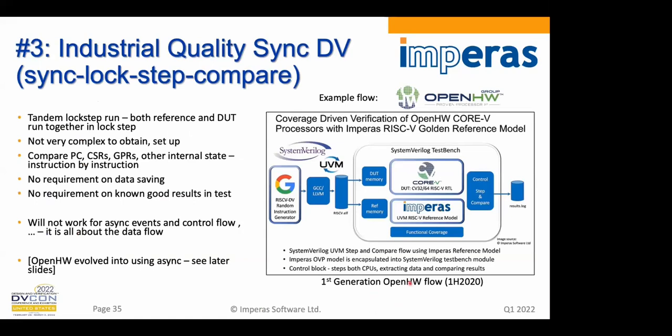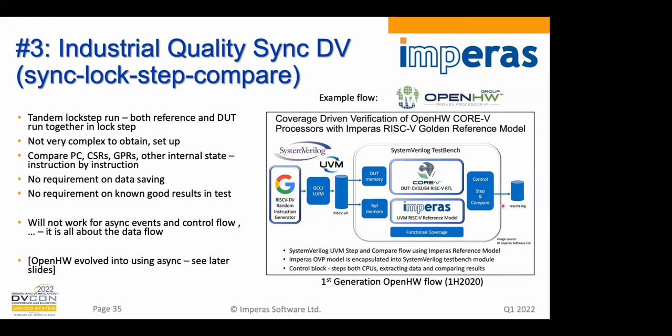We've been working in the open hardware group on this for a couple of years here. And open hardware has a focus of building open source cores with high quality verification environments in them. And built this environment, it uses an Imperas reference model encapsulated in a SystemVerilog environment. It uses the Google generator to generate tests for it, has functional coverage in there, comparison is in there.